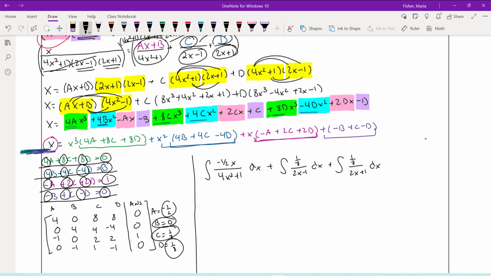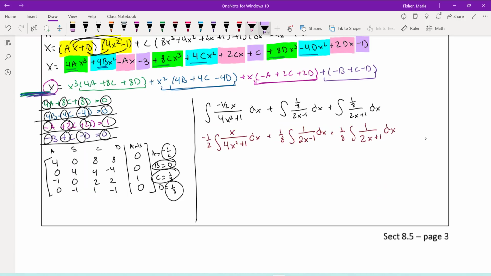Let's factor out all our constant multipliers. So this is going to be negative 1/2, the integral of x over 4x squared plus 1 dx, plus 1/8, the integral of 1 over 2x minus 1 dx, plus 1/8, the integral of 1 over 2x plus 1 dx.